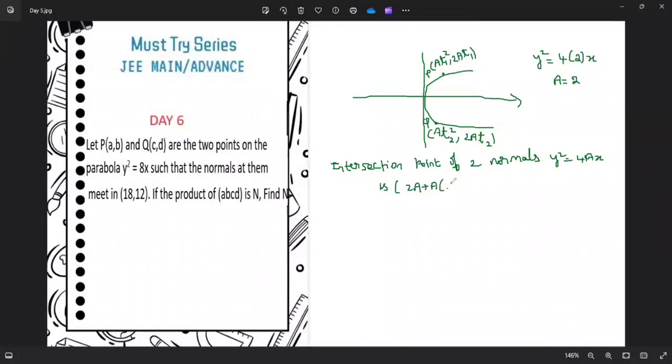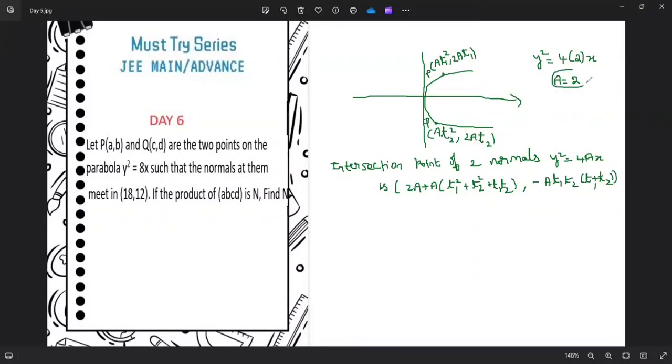2a plus a times (t1 square plus t2 square plus t1 t2), and minus a t1 t2 times (t1 plus t2). The value of which is given in the question as (18, 12).